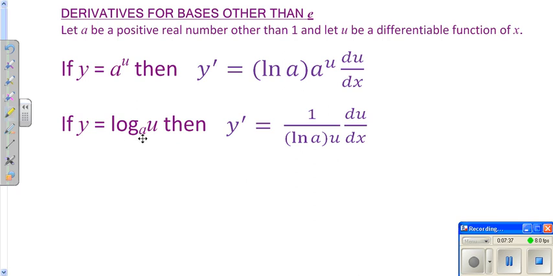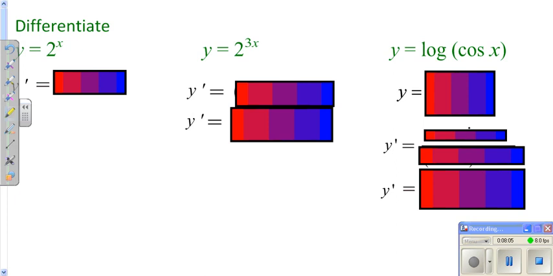On the third slide, we talked about taking the derivative of a log other than base natural log, and we ended up with something that looks similar to this, which was 1 over natural log of a times 1 over u, and in this case, it's all multiplied by the derivative of u. That's the chain rule. So you can just use those formulas, or you can go back and convert it to an e for this one and convert it to a natural log for this one and go through all that process. It does not make a difference.